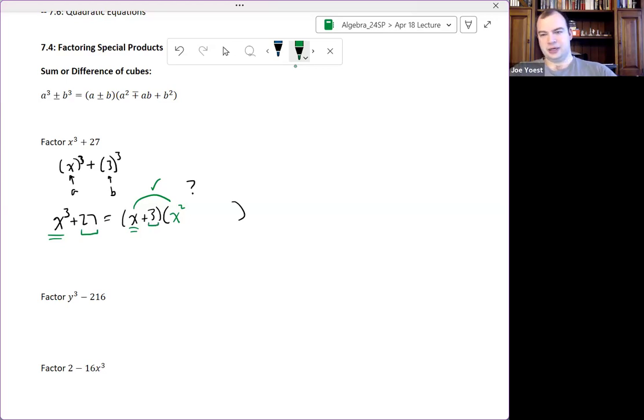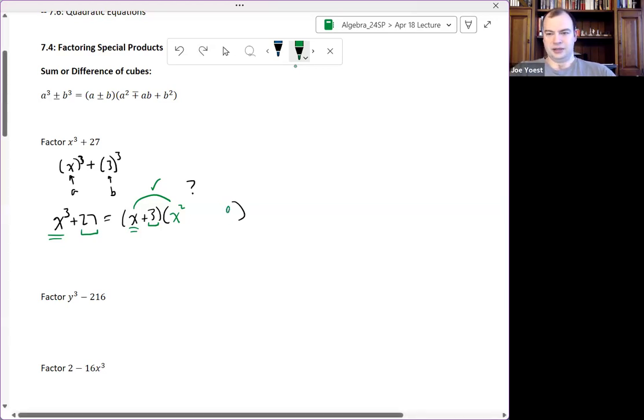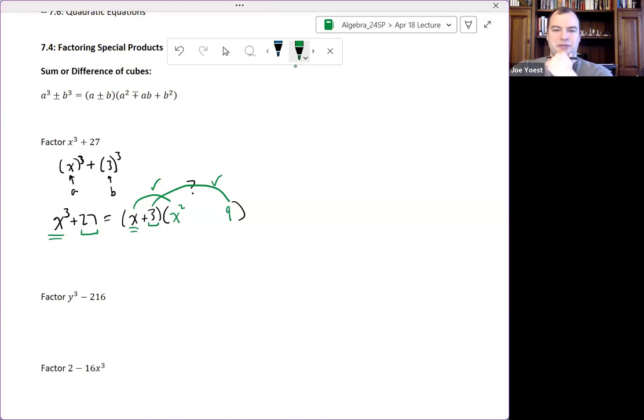So this 3 has to hit a 3 squared, or it has to hit a 9. This has to be a plus 9 because of the plus 27. The x squared also has to be a positive x squared, because positive x times positive x squared gives me positive x cubed.